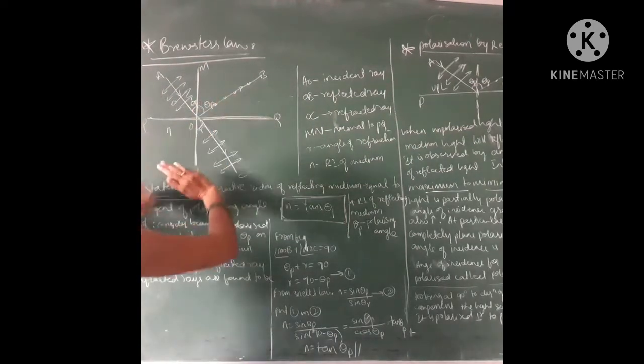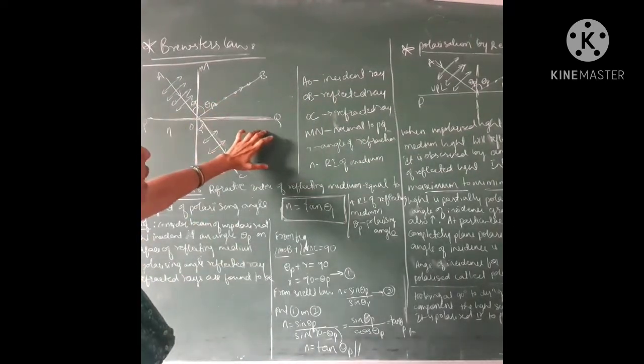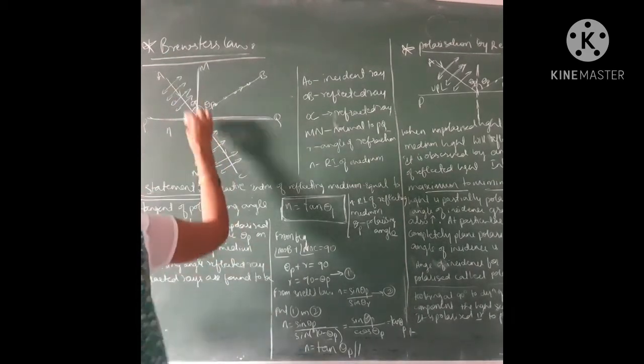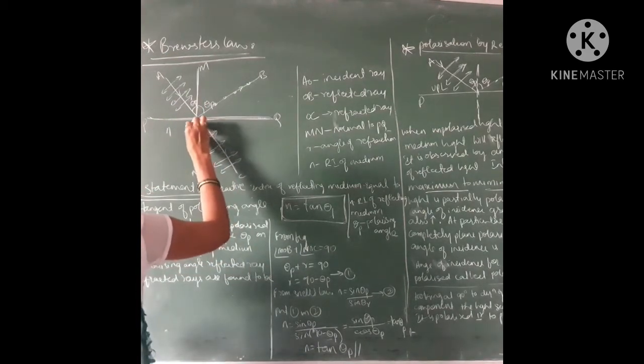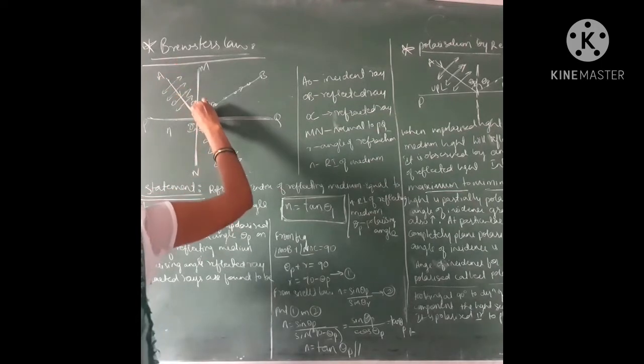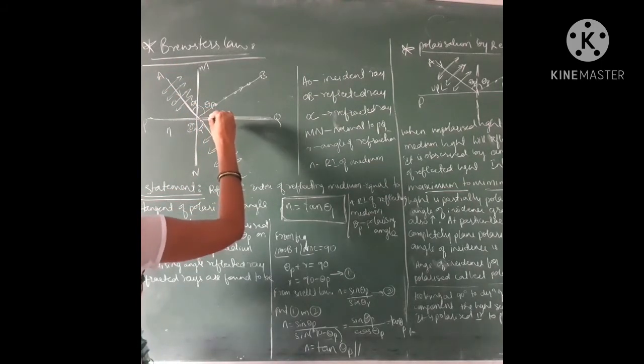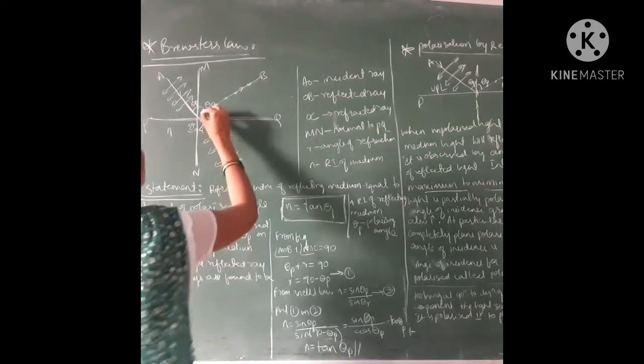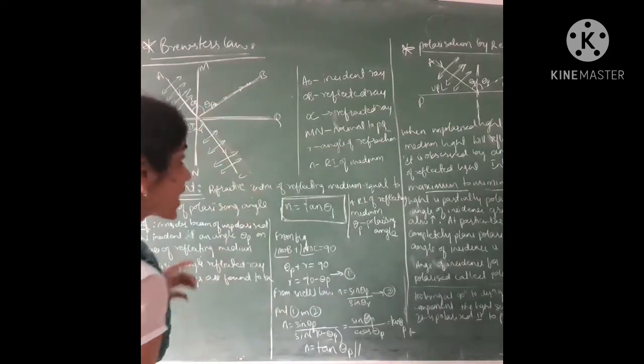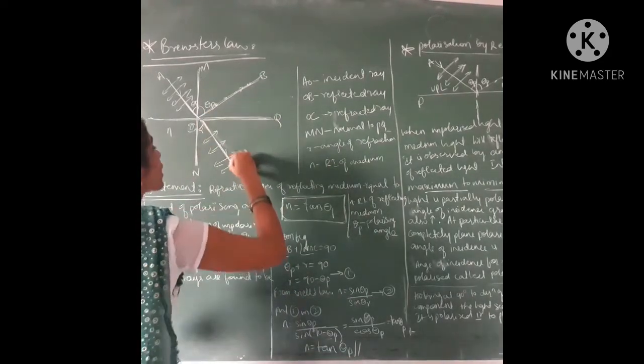From this diagram, PQ is the refracting surface and AO represents the incident ray. OB is the reflected ray and OC is the refracted ray.